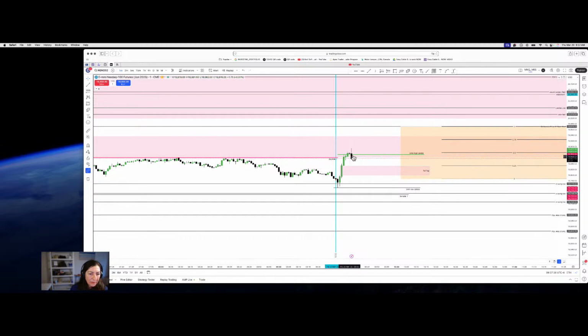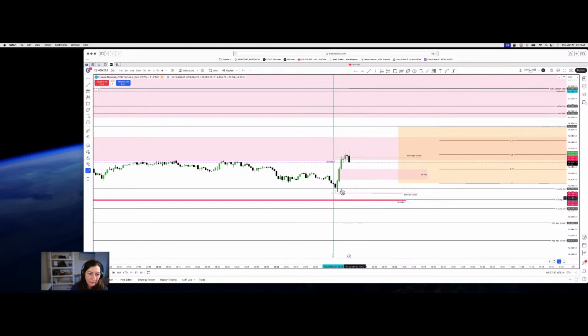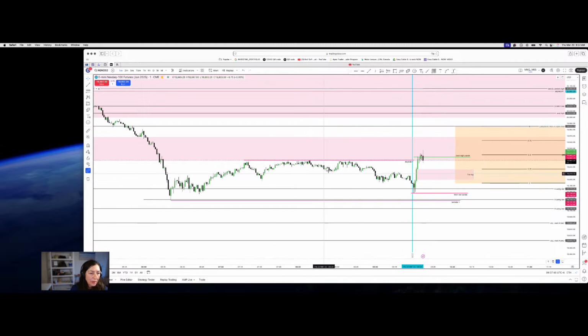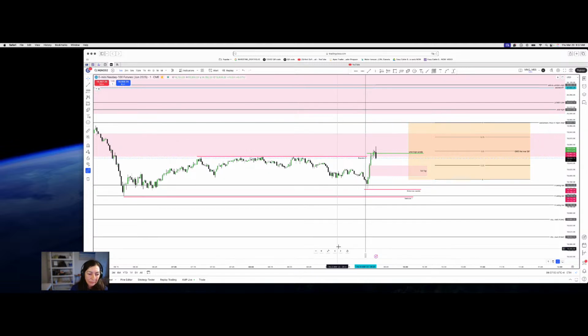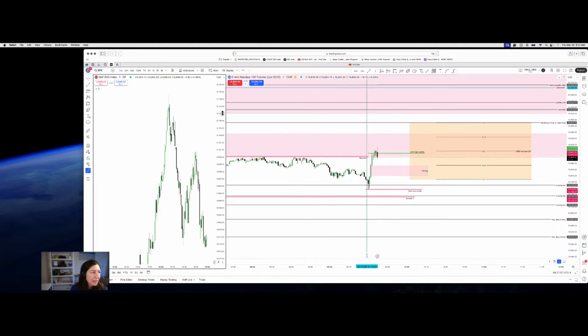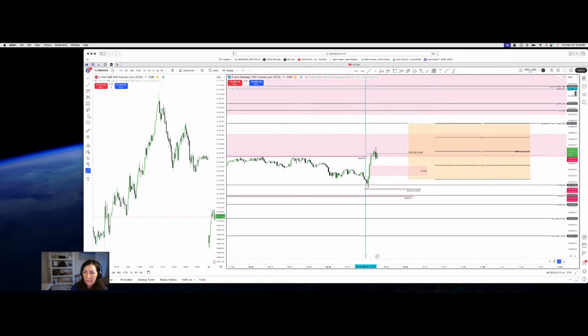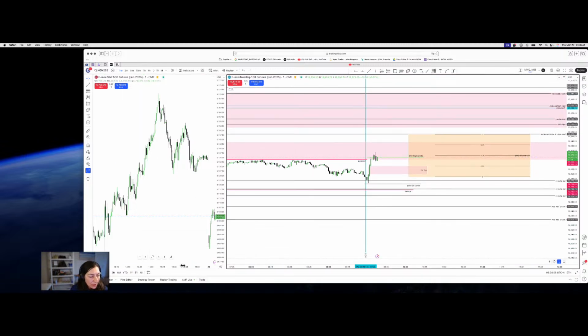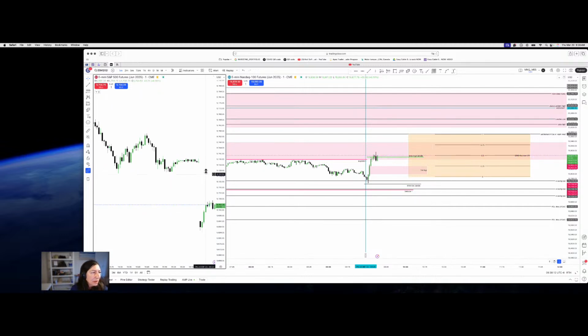So we're getting a bit of rejection. Price did not move much further up than here. Just going to take a look and see what ES is doing. I moved to the new contracts, so we should be in June 2025.